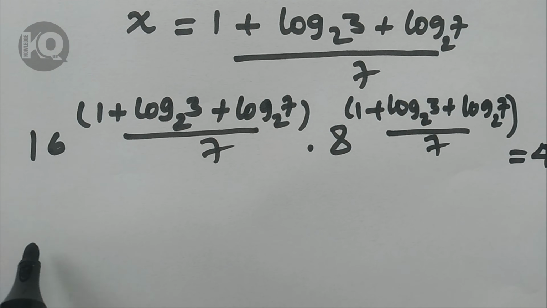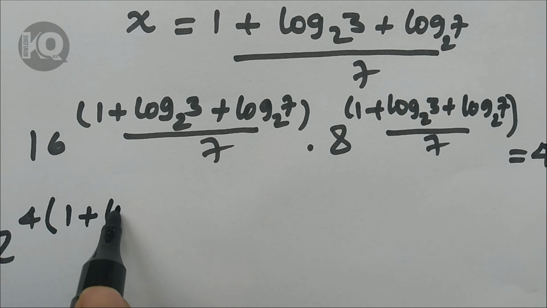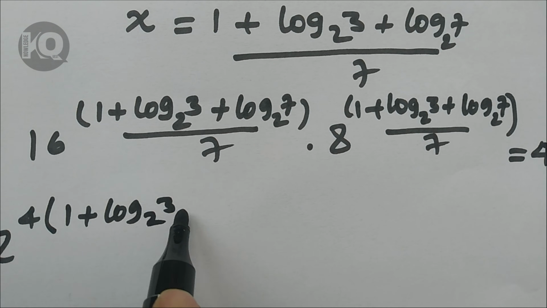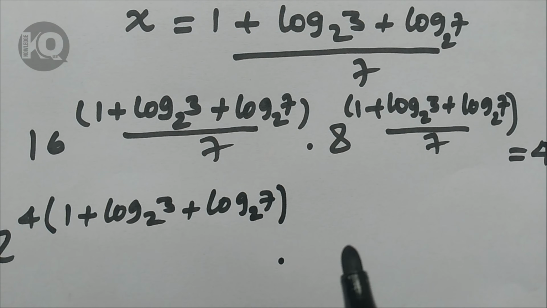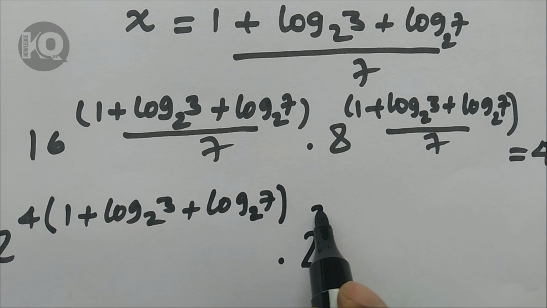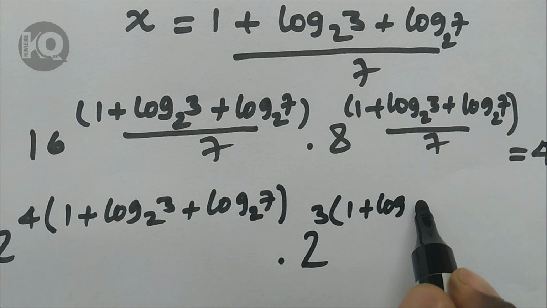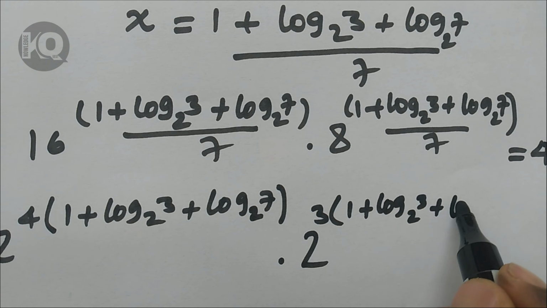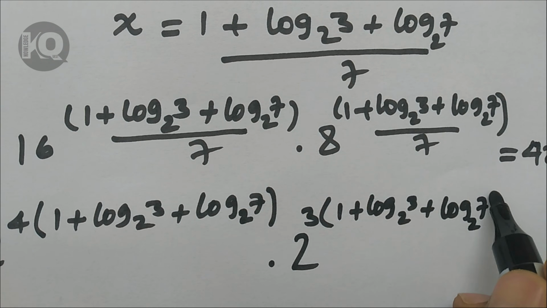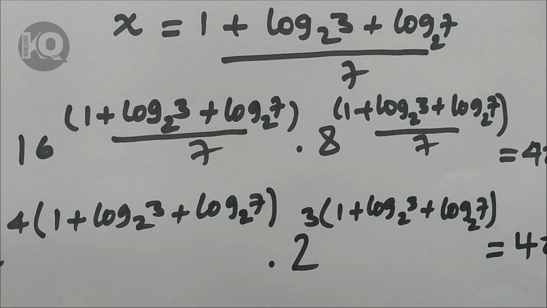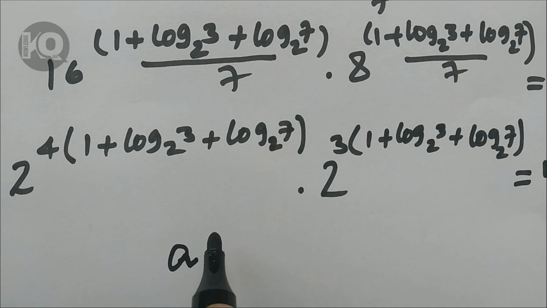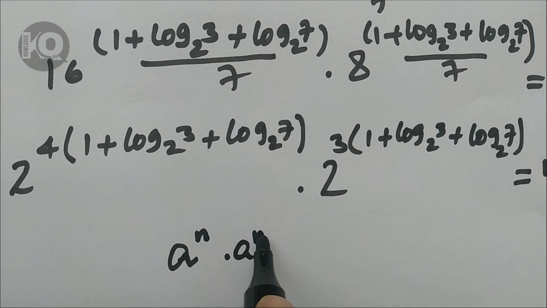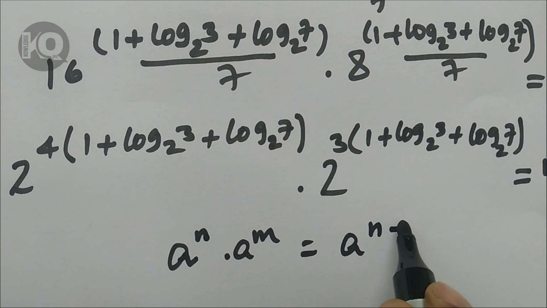So this 16 can be written as 2^4 into (1 plus log of 3 to the base 2 plus log of 7 to the base 2), times 2^3 into (1 plus log of 3 to the base 2 plus log of 7 to the base 2), which is equal to 42. So we know that a^n times a^m is equal to a^(n plus m).